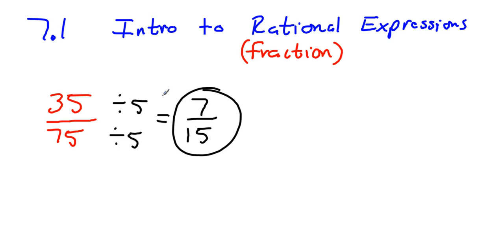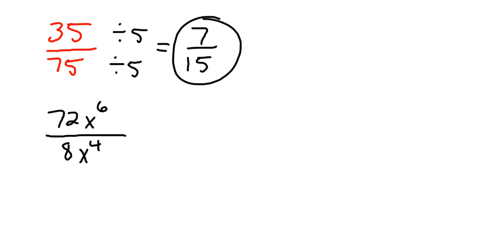Now, they're going to add some variables in because that's where the rational part of it really comes in. So they're going to take that exact same number and we'll do something like this, where you've got 72 x to the 6th over 8x to the 4th. When you're doing the rational expressions, do it in two parts.